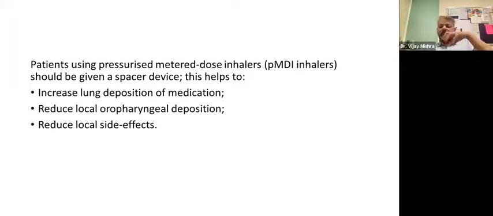So not much drug will be deposited inside your mouth, but sometimes when they take it directly into the mouth, a lot of drug sticks to the back of the pharynx or to their tongue. If less drug is deposited in the oropharyngeal space, you'll have fewer local side effects like oral candidiasis, which is quite common in patients who are taking steroids.